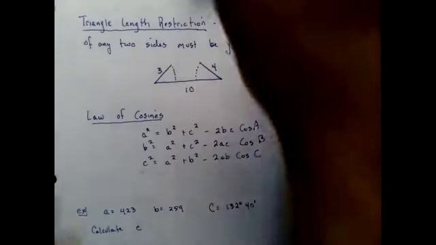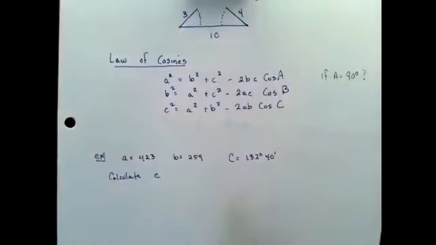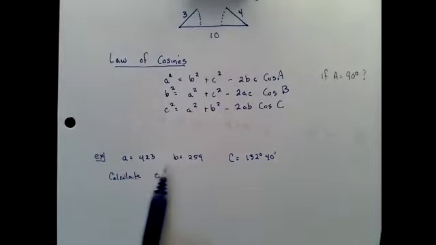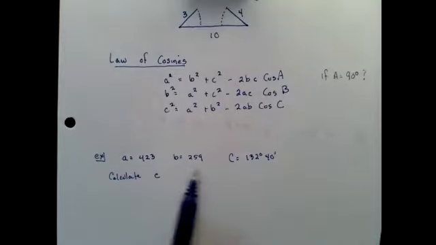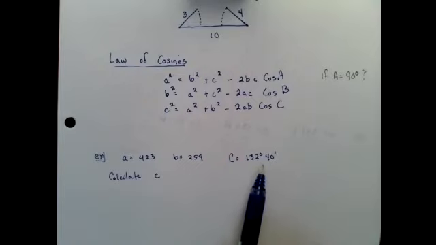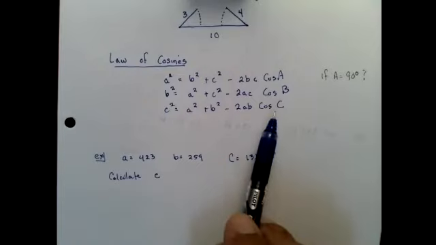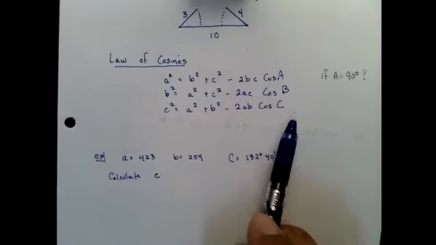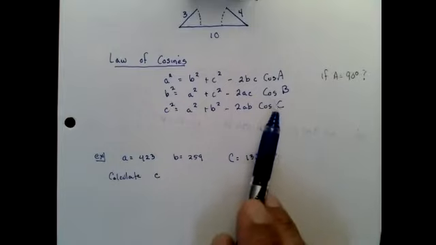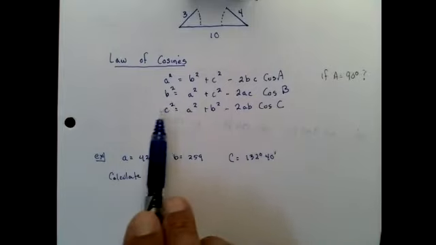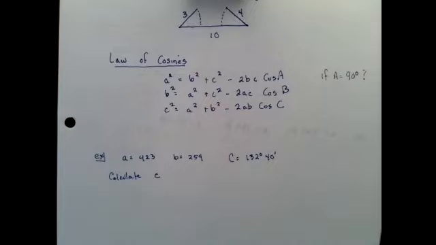Well, let's jump right in with an example. As you see, I have A, I have little b, and I have angle C. So I'm going to be able to use this third formula. I'm given angle C. Can I come up with little c? Well, let's see.